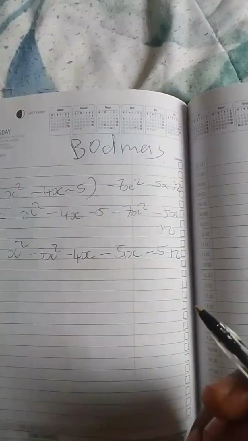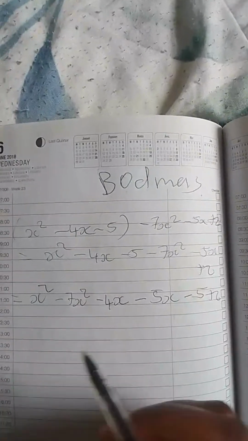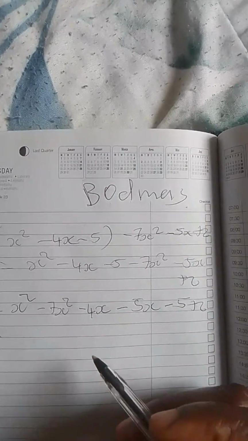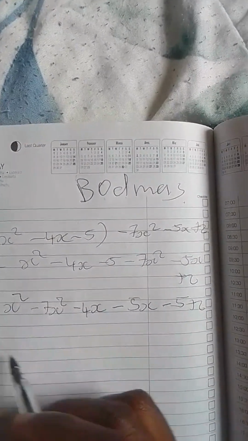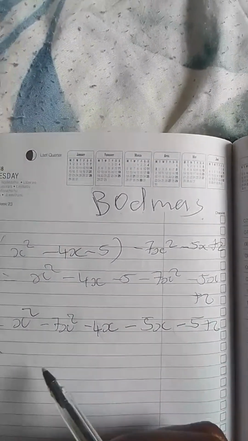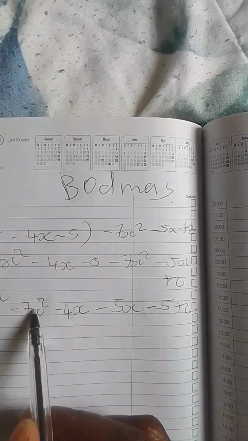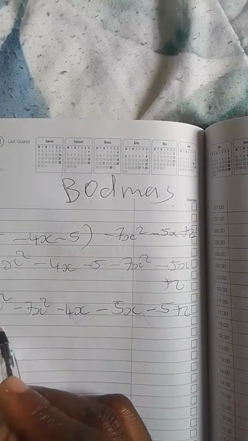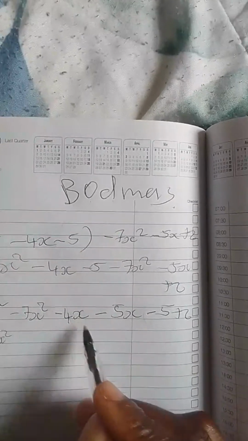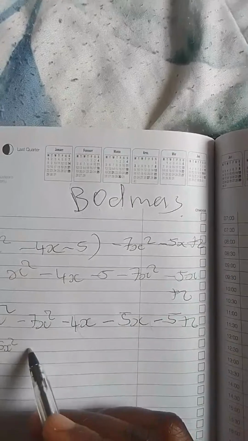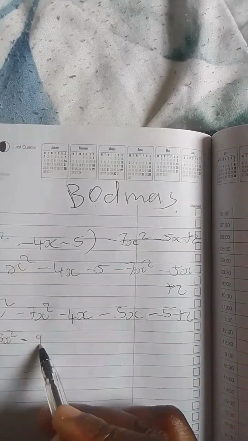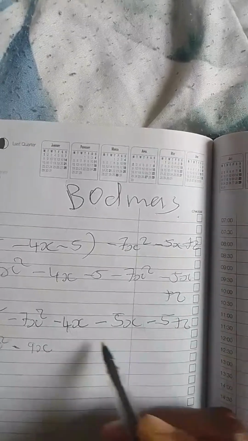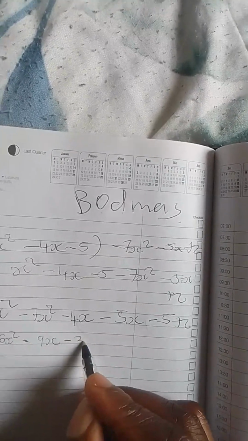Okay, then from there, we come to the final answer by solving these variables and constants. x squared minus 7x squared, you end up with minus 6x squared. Minus 4x minus 5x, you end up with minus 9x. Minus 5 plus 2, you end up with minus 3.